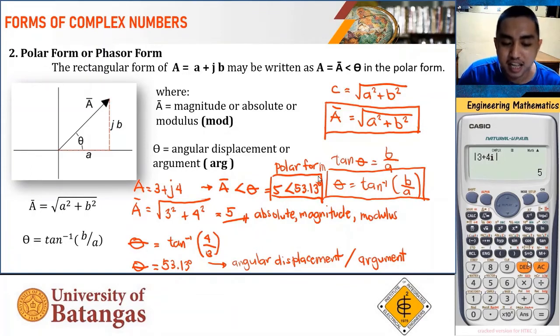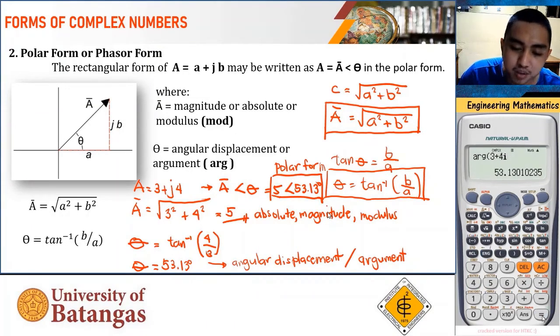Then, kapag hahanapin naman natin yung ating argument, so, shift complex ulit, then, argument, which is 1. So, type ko ulit yung aking given, 3 plus 4i. So, mapapalabas naman natin yung ating angular displacement, which is 53.13.